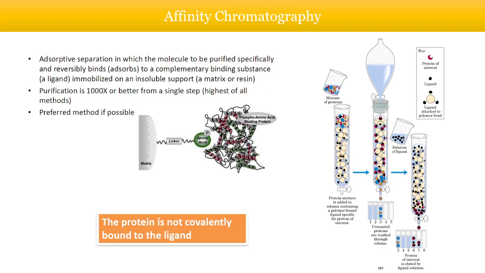Affinity chromatography is the adsorptive separation in which the molecules to be purified specifically and reversibly bind to a complementary binding sequence immobilized on an insoluble support. Purification is 1,000 times better from a single step, and it's the preferred method if it's possible.